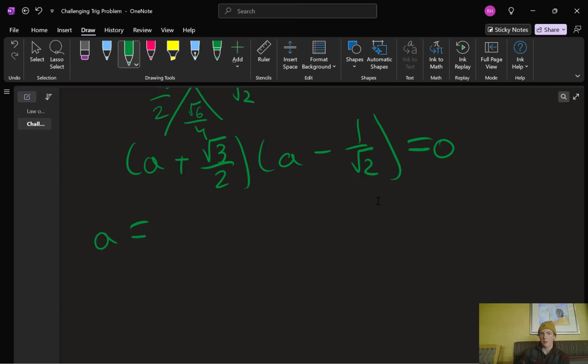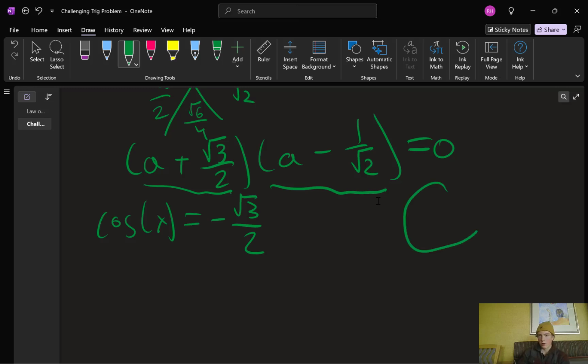Since we know a is equal to cosine of x, cosine of x is equal to negative square root 3 over 2. Either this side or this side could equal 0, and it would be fine because anything times 0 is equal to 0. So cosine of x is equal to negative square root 3 over 2.